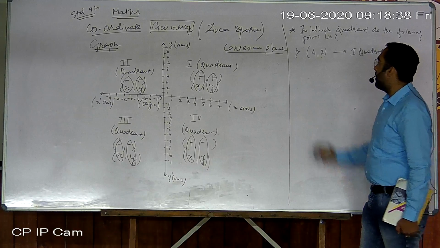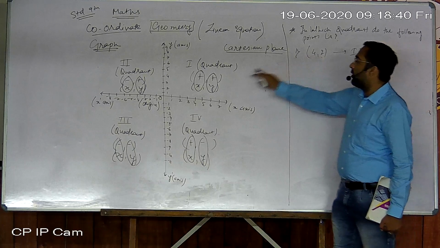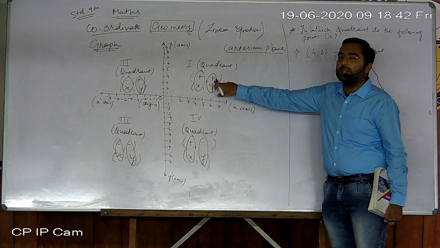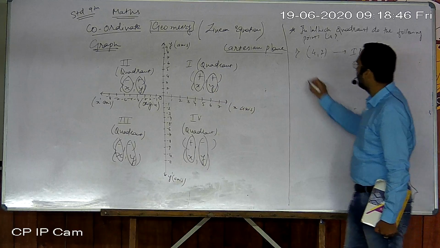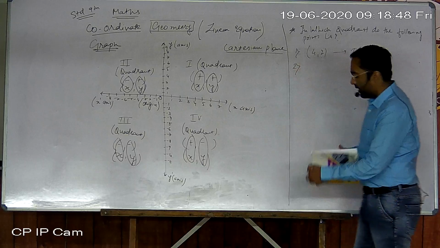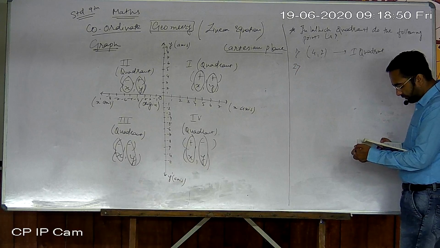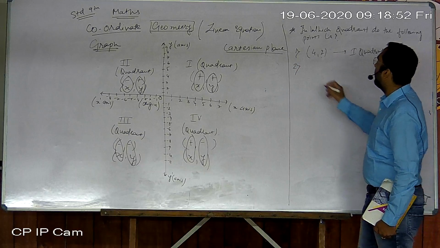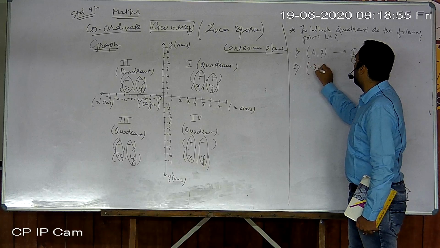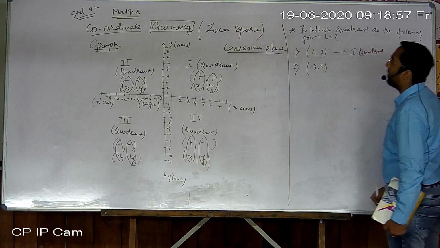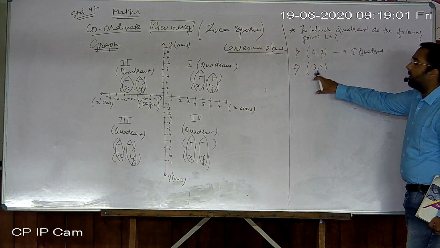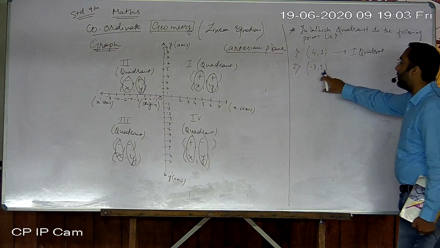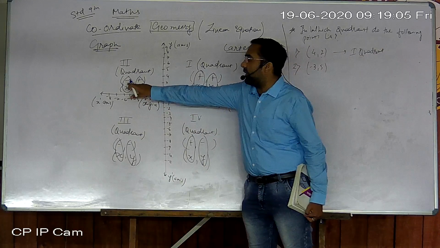Both of them are positive, so I'll write it as the first quadrant. Second one is minus 3 comma 5. Abscissa is negative and ordinate is positive.